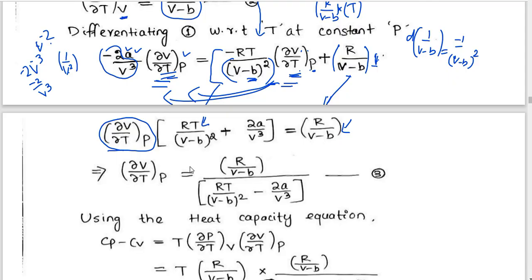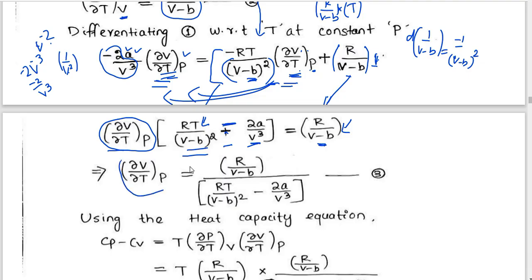RT by (V minus B) whole square, minus 2A by V cube, equals R by V minus B. That is not plus, that is minus. So what is del V by del T?